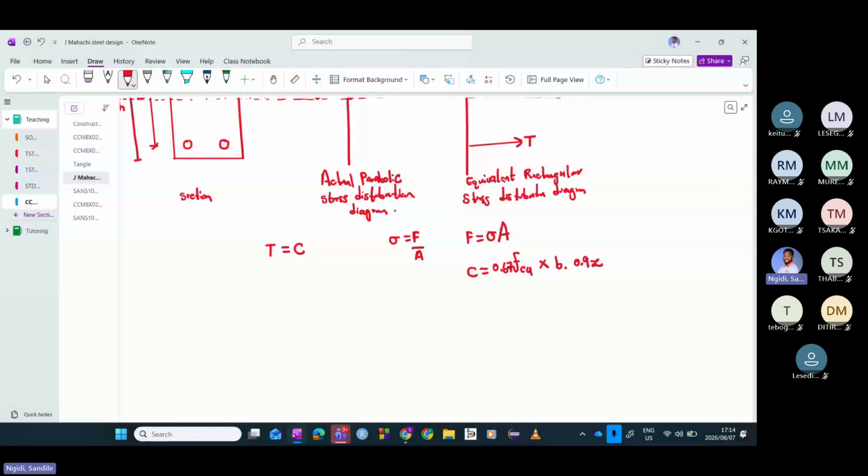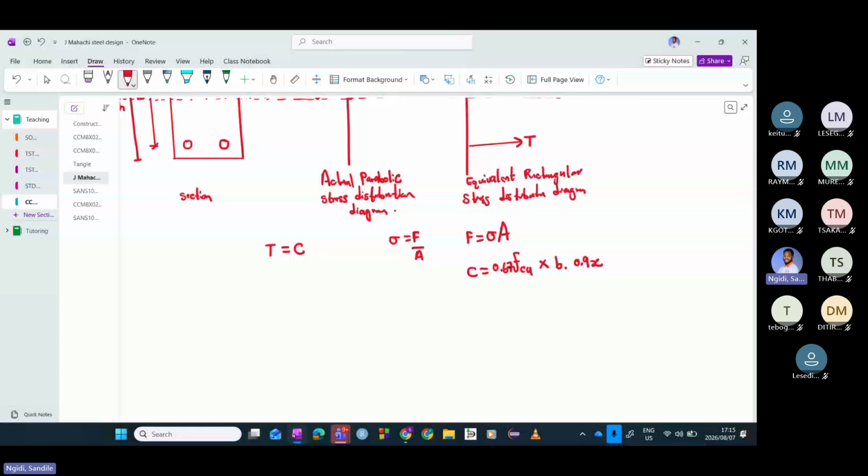To account for these differences, we use partial safety factors for the materials. Because when you test for material properties, you just pick samples, but there might be differences between those samples and the strength that you actually have on site. So we do need these partial factors so that we can make sure that our design is accurate.